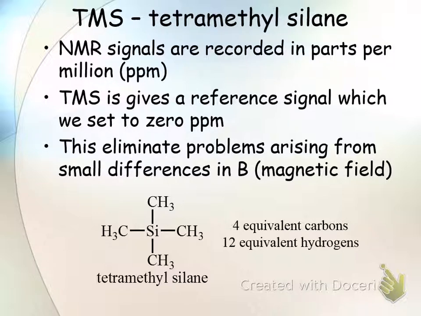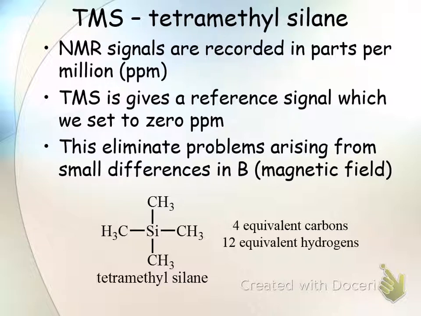TMS is shown down here. It's tetramethylsilane. Which is more electronegative, silicon or carbon? Carbon. So what does that tell you about the electron density around these carbons versus other carbons you might find in NMR spectroscopy? It's higher, right? So those carbon electron densities are higher, so as a result, the hydrogens are upfield shifted.